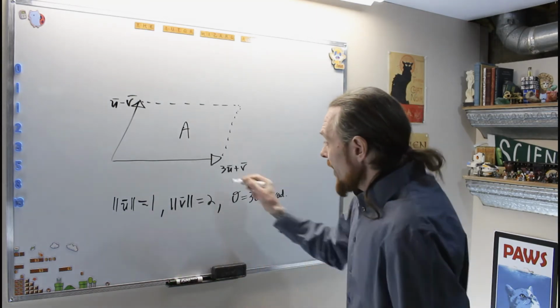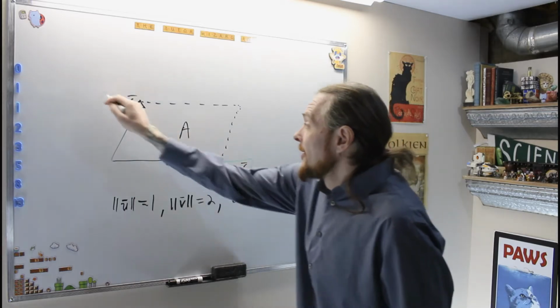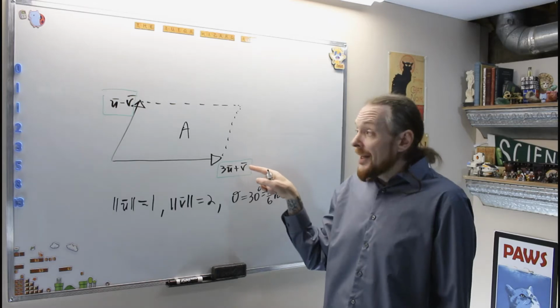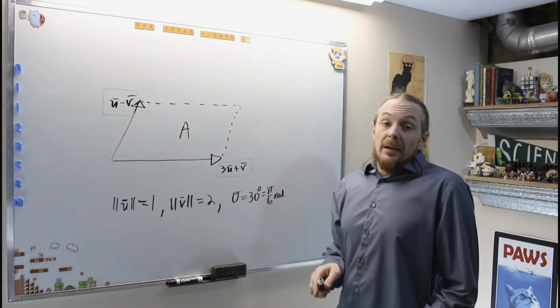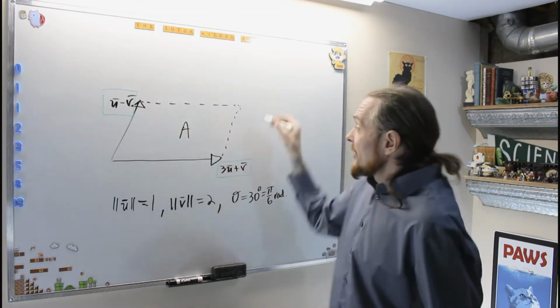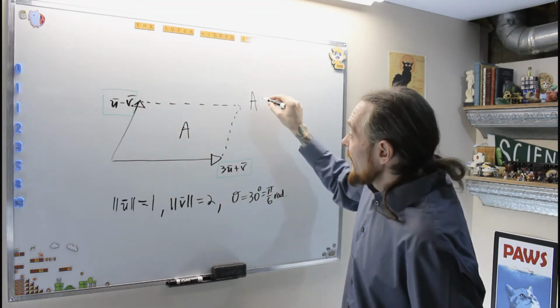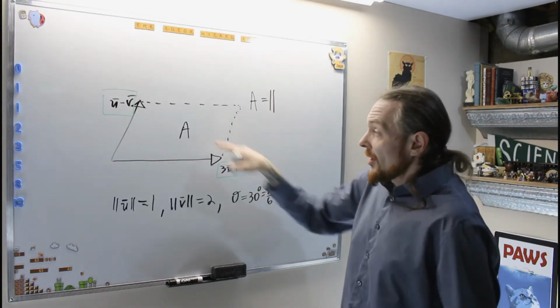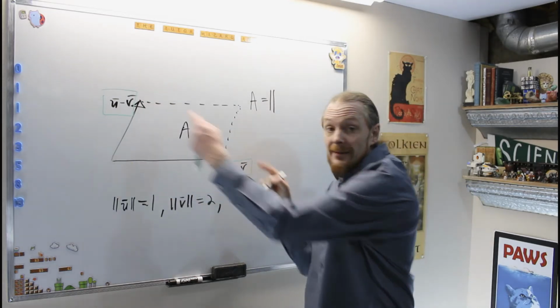Basically, I want to find the area of the parallelogram between 3u plus v and u minus v. The area of a parallelogram determined by any two vectors is exactly the norm of the cross product of the two vectors, which are the sides of that parallelogram.